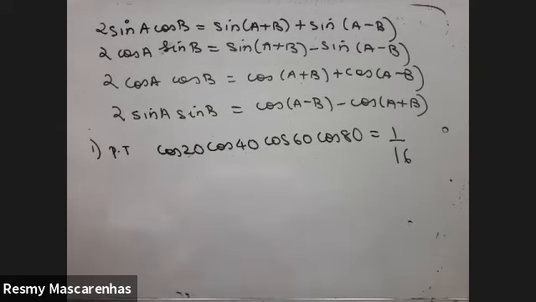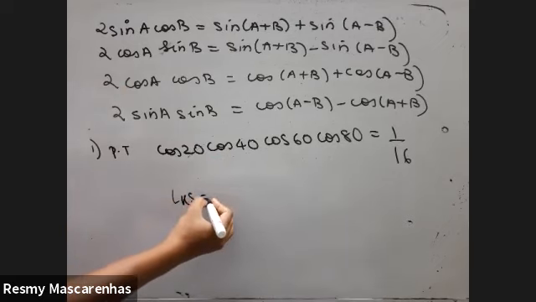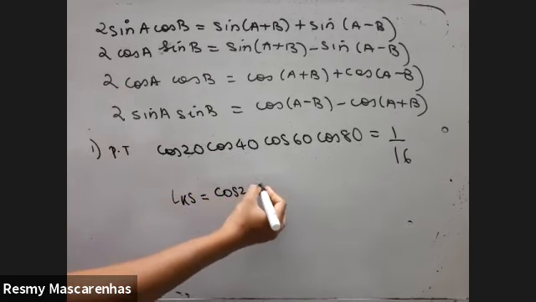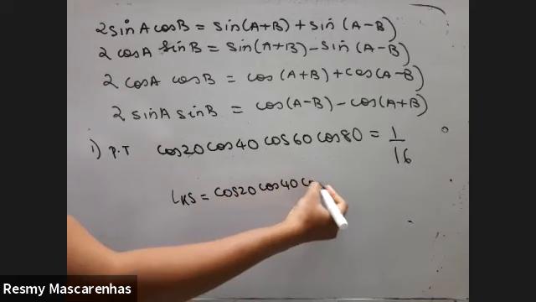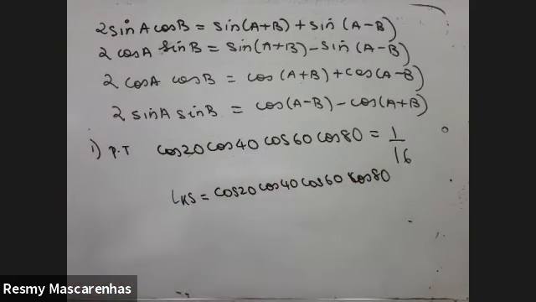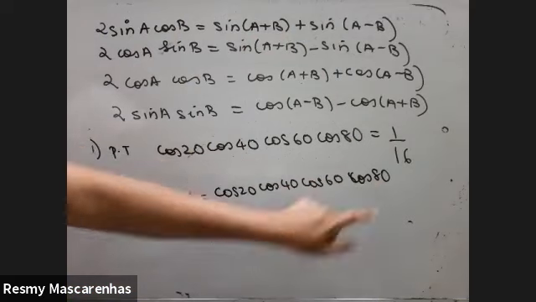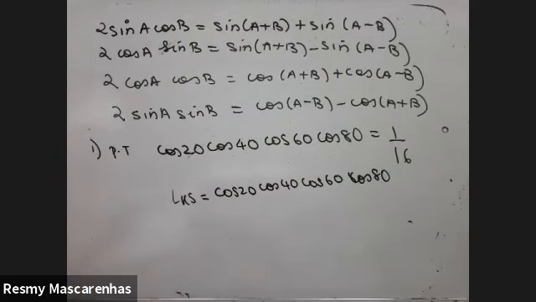We have to prove that this is equal to, so we'll take the left hand side first. Before going ahead, the first step should be to check whether any of these are standard angles. I told you the standard angles: 0, 30, 45, 60 and 90 degrees.